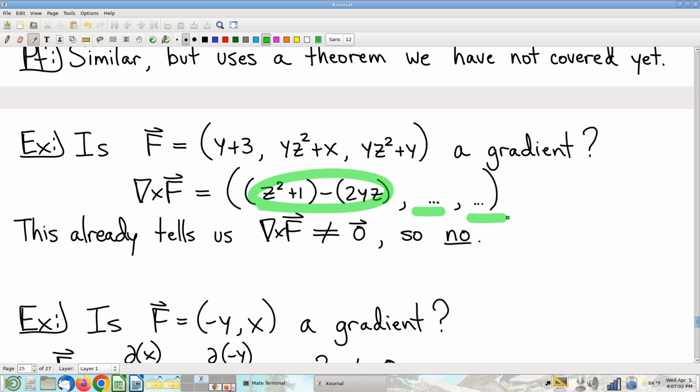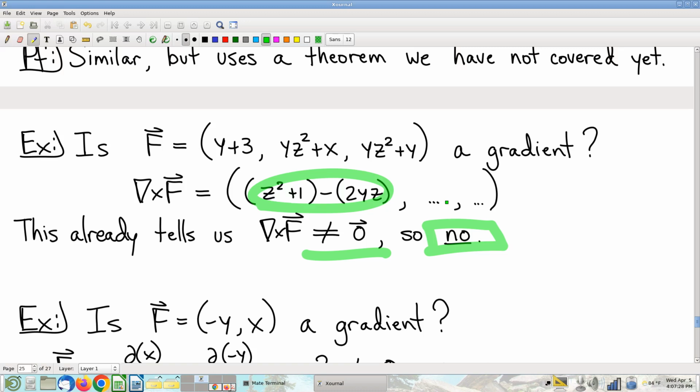The first coordinate is already not 0. If the first coordinate's not 0, the vector itself is not 0. So game over, we lose. The curl is not 0. And if the curl is not 0, then this is not a gradient. Is that good? Everybody happy with that?